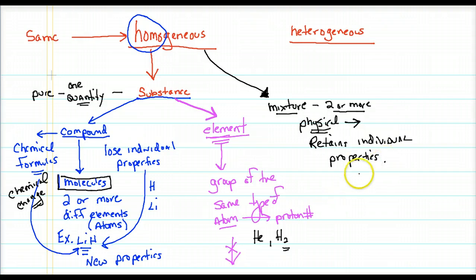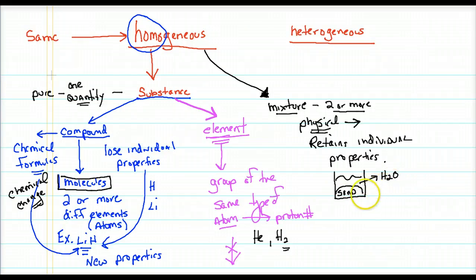Case in point, if I was to have a beaker, and this beaker had water in it, and if I had sand at the bottom, this is a mixture. The water's still going to boil at 100.